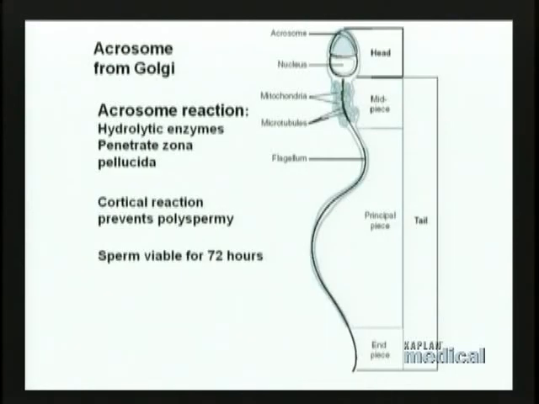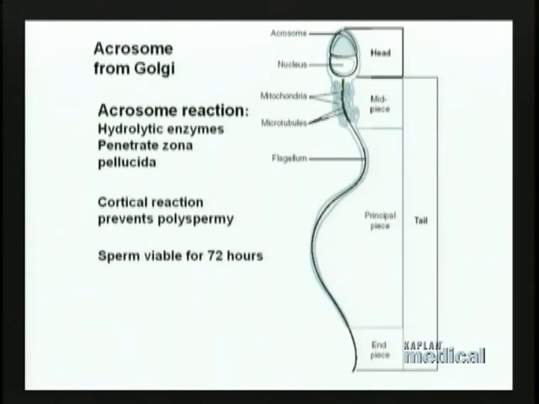Next, let's look at the anatomy of a mature sperm cell itself that's completed the stages of spermatogenesis as well as spermiogenesis. Fundamentally, we can divide a mature sperm cell into a head, a middle piece, and a principal piece that largely forms the tail. The head contains, obviously, the genetic material, a complement of 23 chromosomes and 1N DNA. The head is capped by the acrosome.